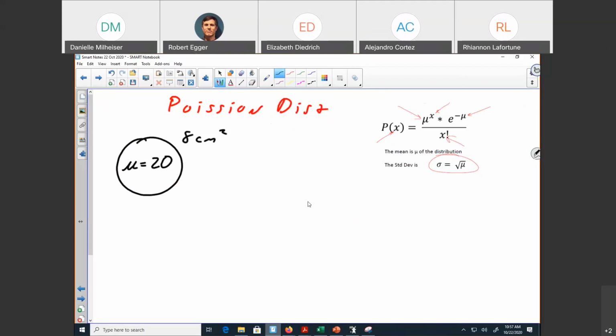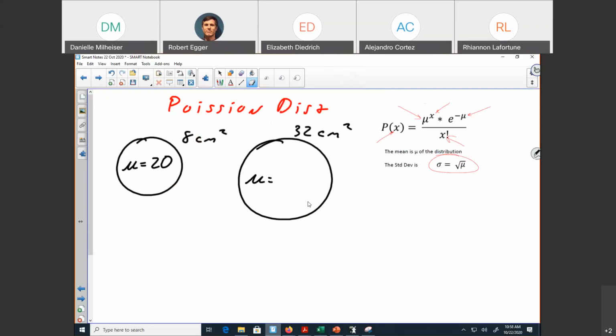Right. If I was to scale this up to a 32 centimeter square petri dish, and everything else being the same, this one should have a mean of 4 times as much.